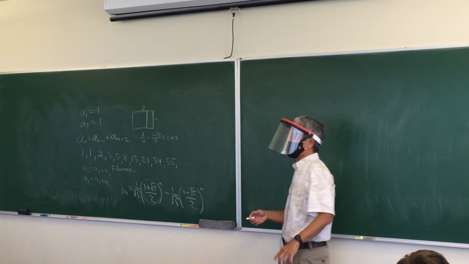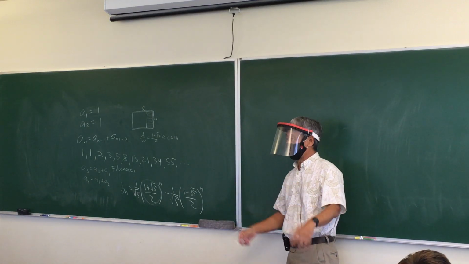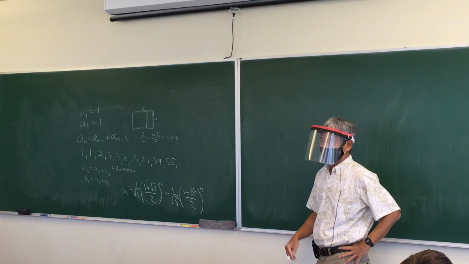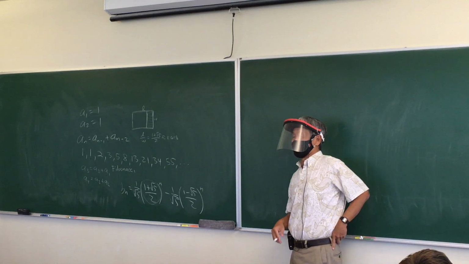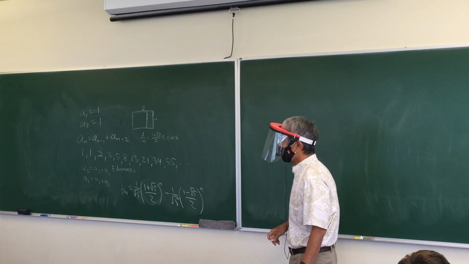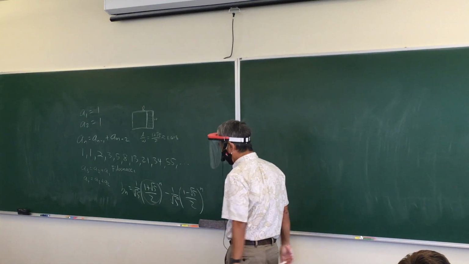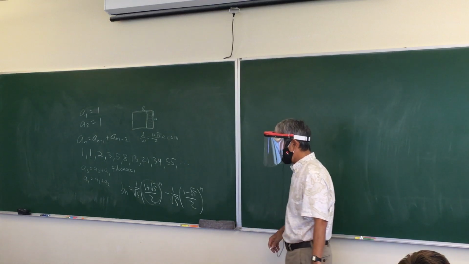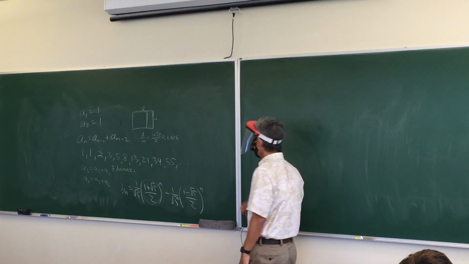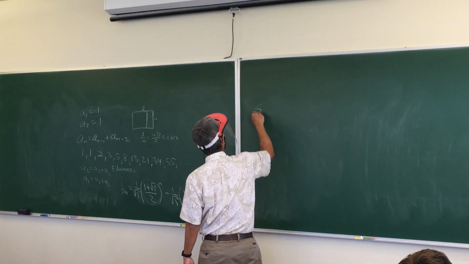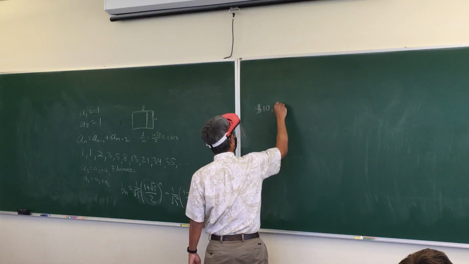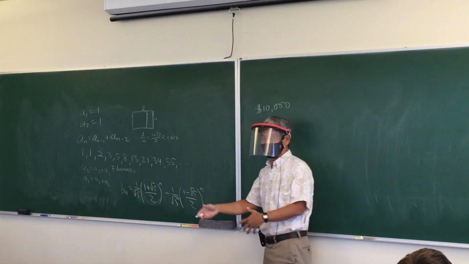Okay, so let's say you want to save for your children's college education, because the amount that you have to pay for college now is just ridiculous. So let's say you have a son or daughter, and you want to start saving money for their college education. You're going to put $10,000 into an account.